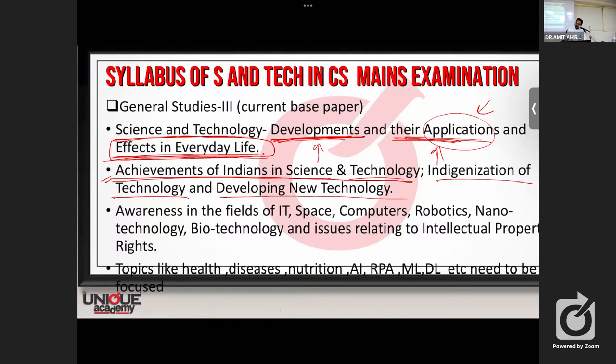Because it has made the statement, achievements of Indians in science and technology. Now, the question arises, C.V. Raman क्या थे? जब उनको नोबेल मिला वो तब कहाँ पे? वो यूके में थे. And they took the Nobel Prize on behalf of British India, or on behalf of British.